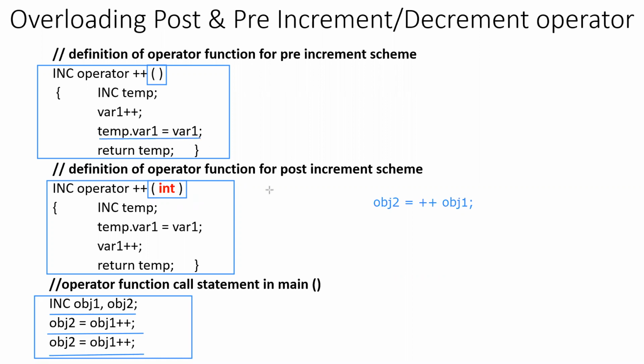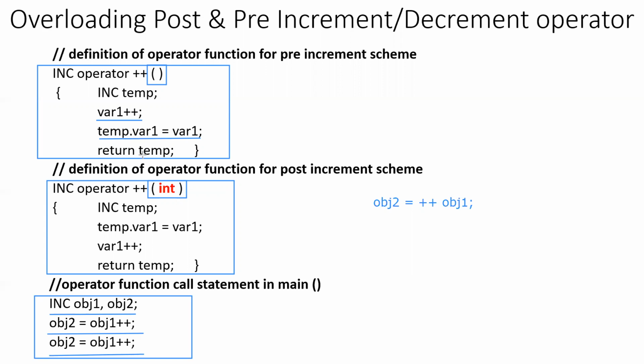So the assignment statement comes first and then comes the return statement. Why? Because we want to return the incremented value. So the increment should happen first, the assignment should also happen, and then should be the return.